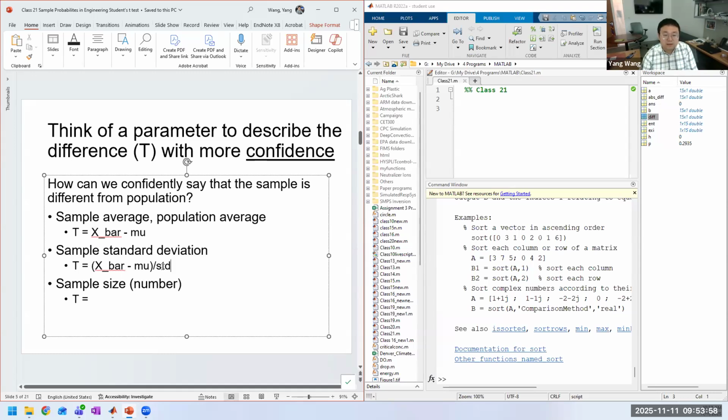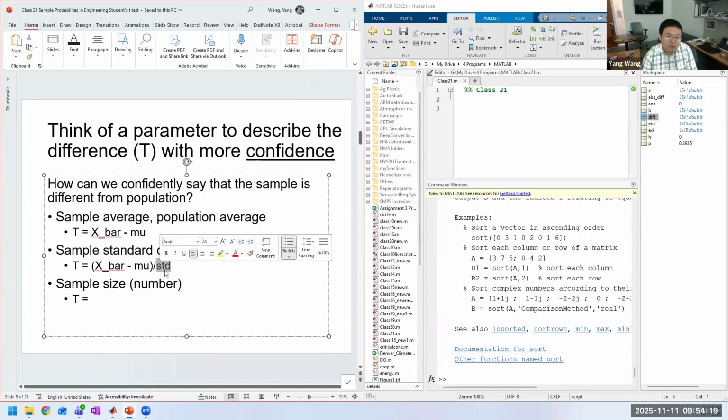This is telling us that if the sample is showing a large standard deviation, although you could be seeing a large mean difference, we still cannot say confidently that the sample is different from the population.